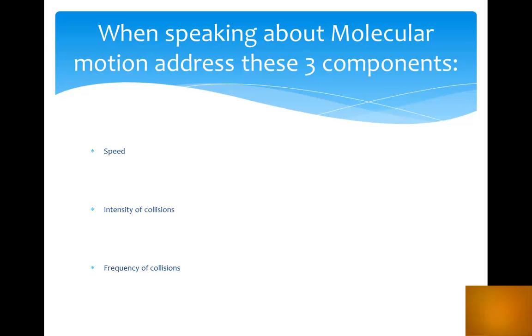When speaking about molecular motion, address these three components and you will have covered what you need to in a short essay or in order to understand the scenario to answer a multiple choice question correctly. Address the speed. Is what's happening to the gas increasing or decreasing the speed of the molecules? Or perhaps there is no change in the speed.